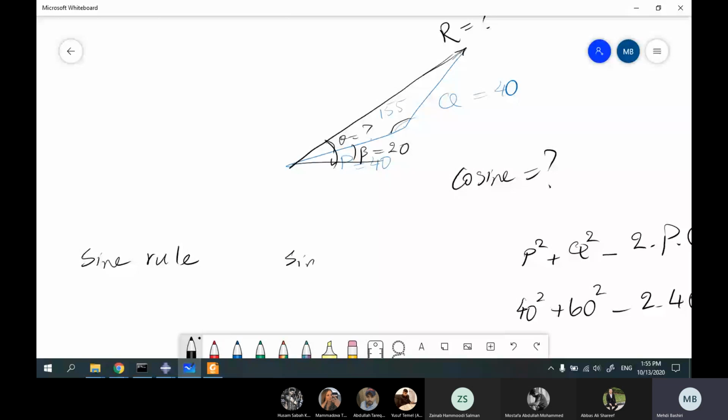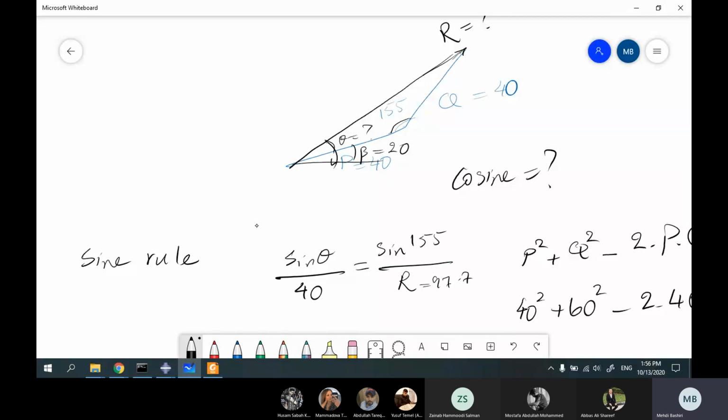Sine of theta divided by the front edge, 40, is equal to sine of this angle divided by R, which is 97.7.